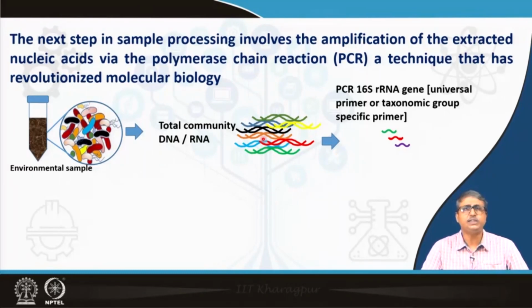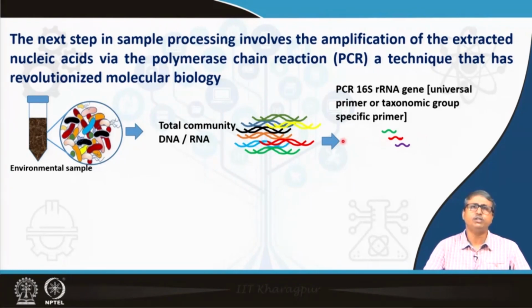The PCR reaction, as you know, works with the help of a set of primers. Depending upon the set of primers, your amplification will go on. Suppose we have used a primer which can amplify only 3 types of 16S RNA genes, then you will see only the red, green and purple ones amplify.